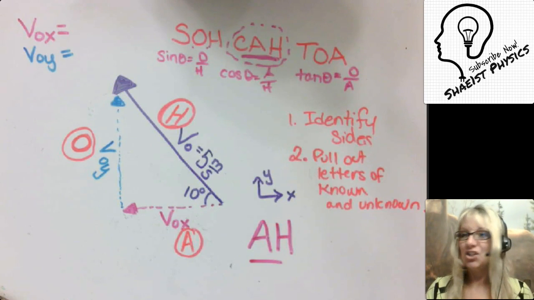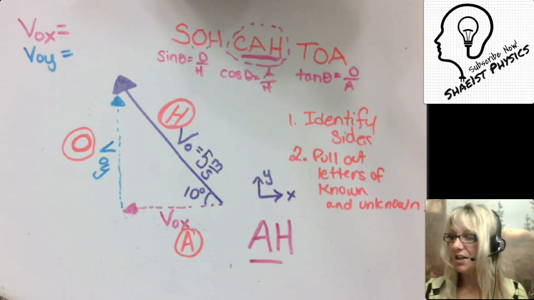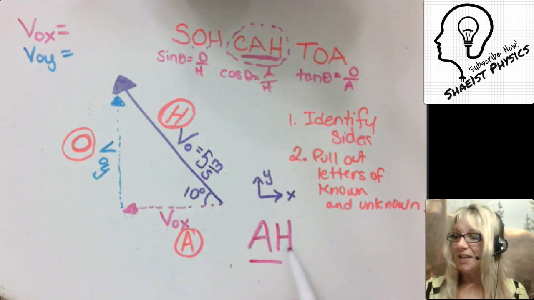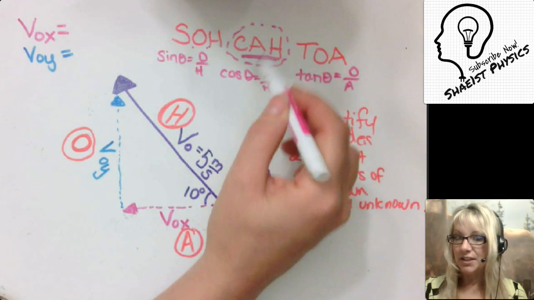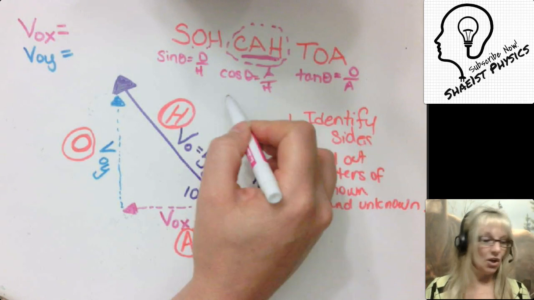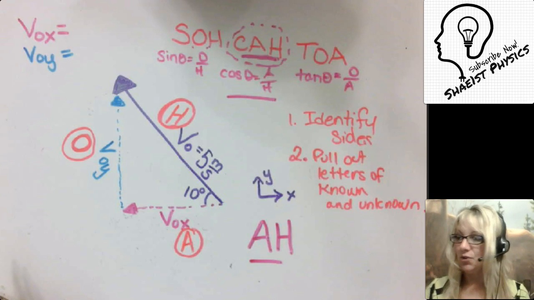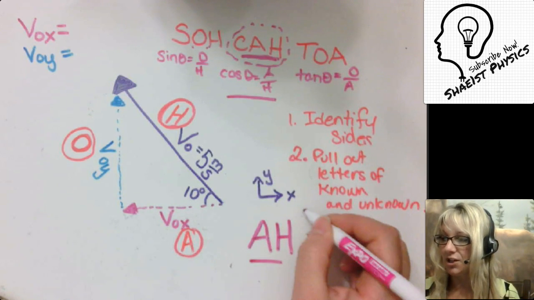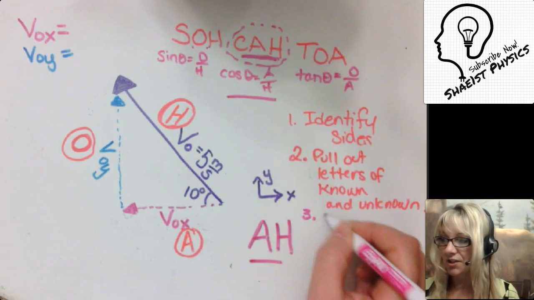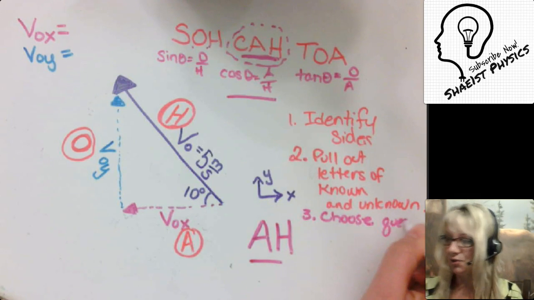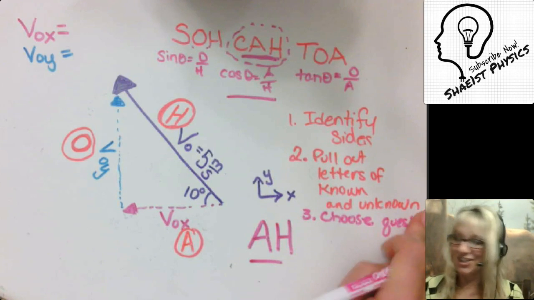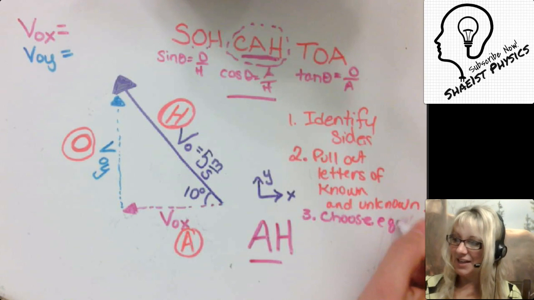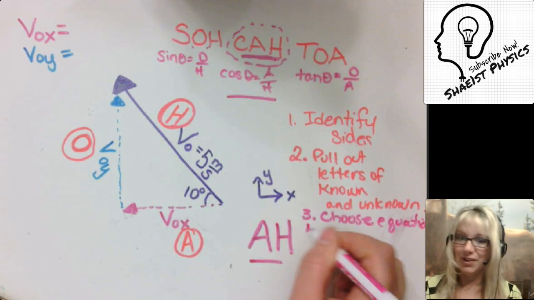All right? So because my A and my H are in the CAH, that means I'm going to use this equation. So step 3 is choose the equation just like we did and solve for the unknown.